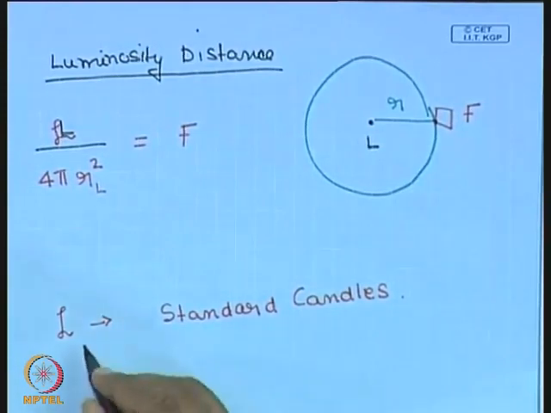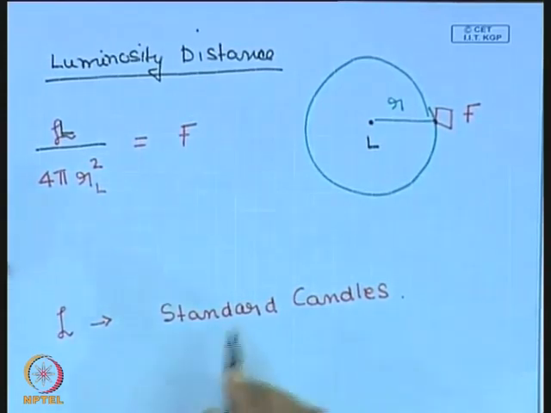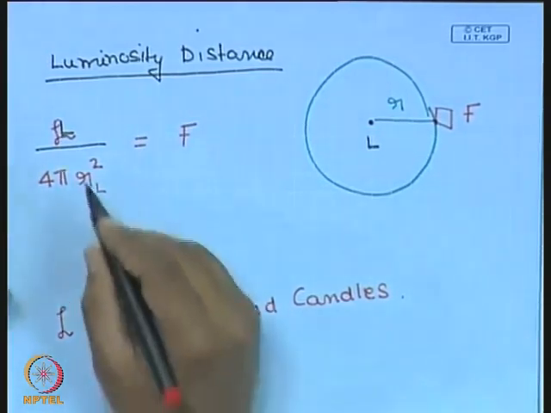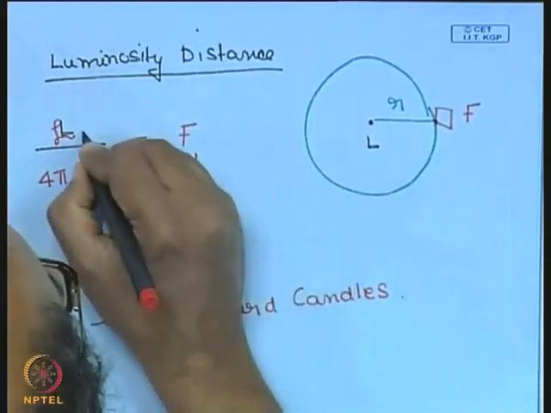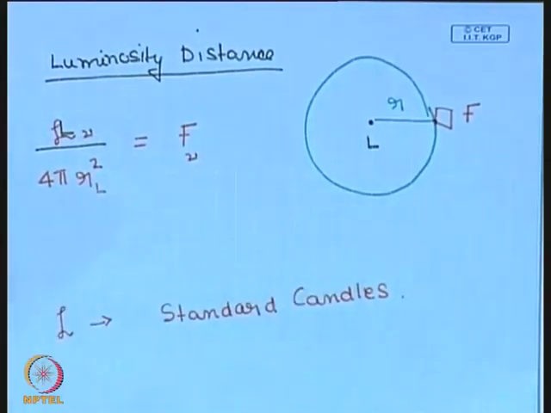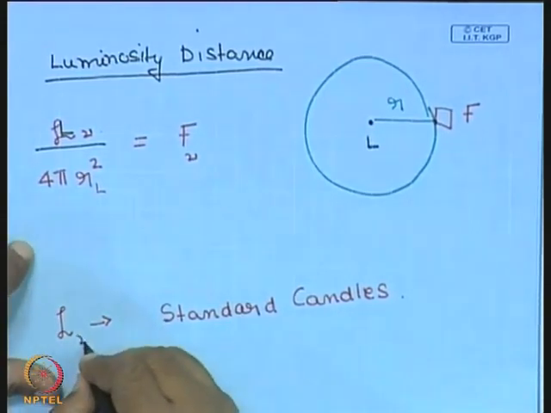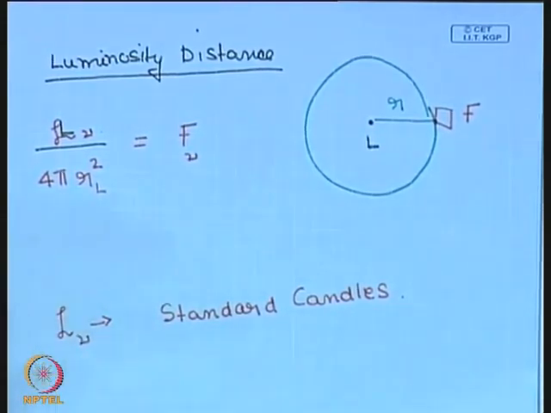So Cepheid variables act like standard candles. Another thing I should mention now is that we shall work with the luminosity in a certain specific frequency range, a frequency range delta nu.